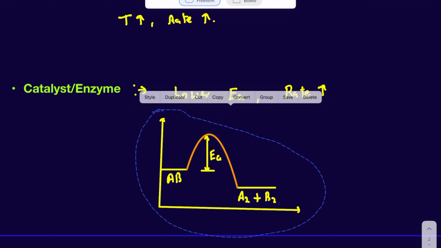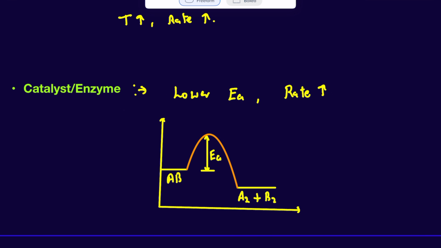Now, I can say, suppose this was an uncatalyzed reaction that we had originally proposed. As soon as you add a catalyst to this particular reaction, your pathway may not look the same, but it's going to look more like this.